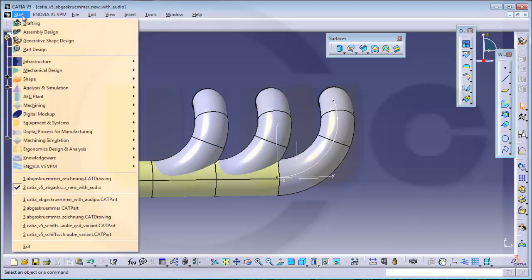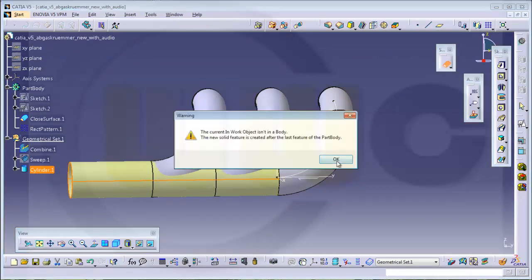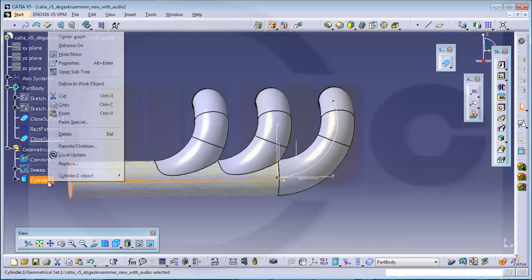I switch back to the part design, and now I can close this surface as well. And okay. And I could hide this surface.